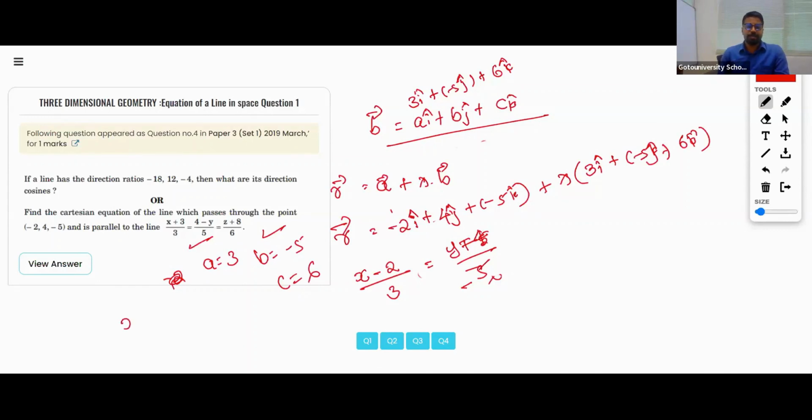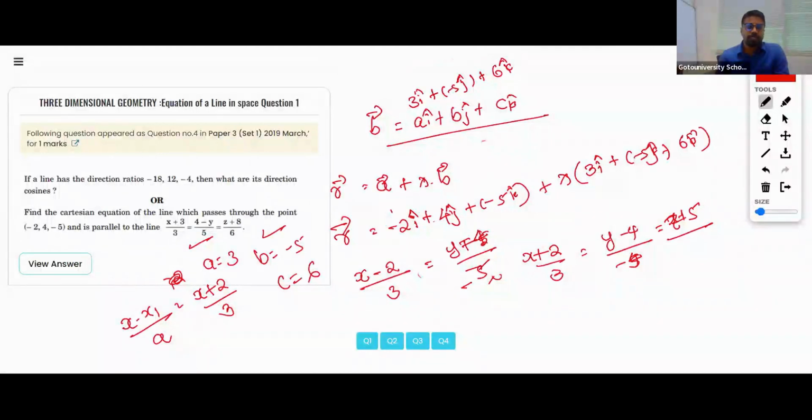In that case, we can directly write x minus x1 by A, which is x plus 2 by 3. Our equation will be simply x plus 2 by 3, which is equal to y minus 4 by minus 5, which is also equal to z plus 5 by 6, what we have here. This could have been the equation of our line.